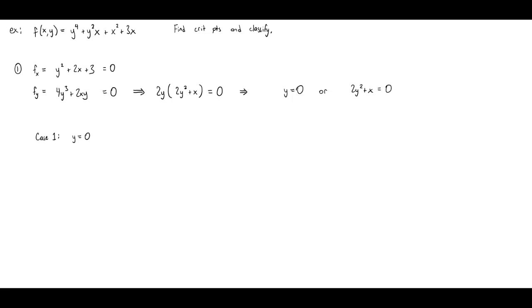So when y is equal to 0, we know already that fy is 0, so we need to check fx. Looking at fx, plugging in 0 for y, it's going to be 0 plus 2x plus 3.